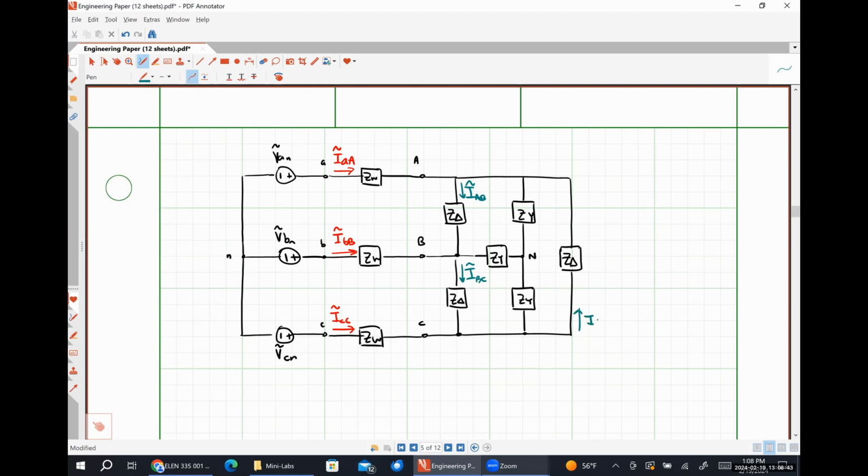So here are all of my delta connected phase currents.